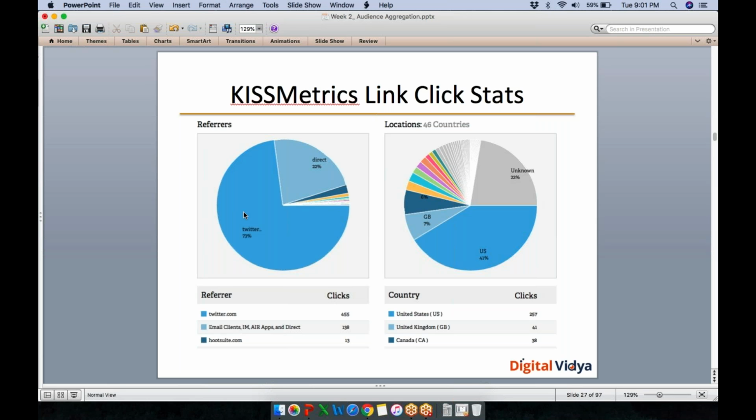So they got 0.5% of people following them on Twitter clicking through the tweet they have done, correct? Which makes 455 clicks come through to that landing page or that particular blog article.